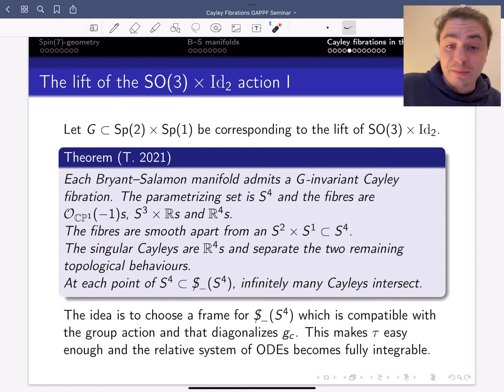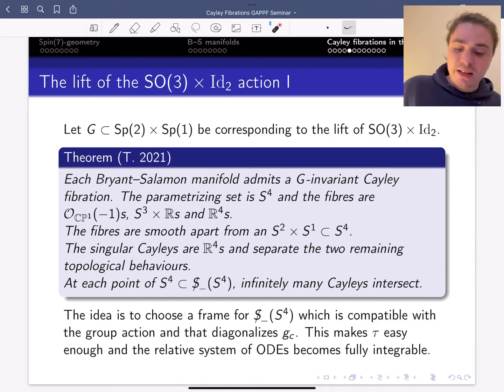Now the fibers are smooth apart from an S2 times S1 in S4. So in particular, smoothness is preserved apart from these S2 times S1. Now the singular Cayleys can only have topology R4 and separate the two remaining topological behaviors.